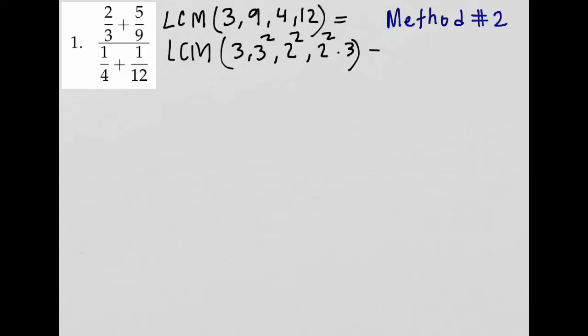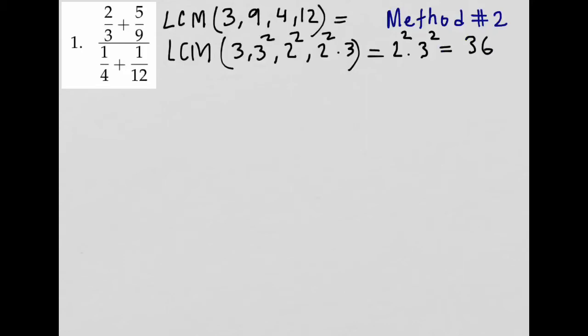What I did here is I wrote each of those numbers as the product of its prime factors. To find the LCM, I'm going to look at the highest power of each prime and multiply them together. So that's 2 squared times 3 squared, and that's equal to 36.